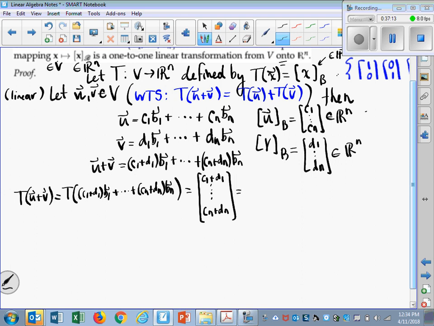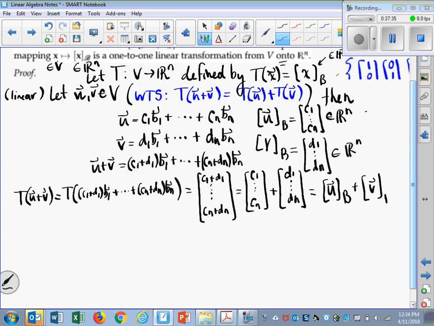The first one is the B coordinates for u, and now this is the B coordinates for v. All right, so we've shown additivity. This is T of u plus T of v. We've done it. Now we have to show homogeneity next.